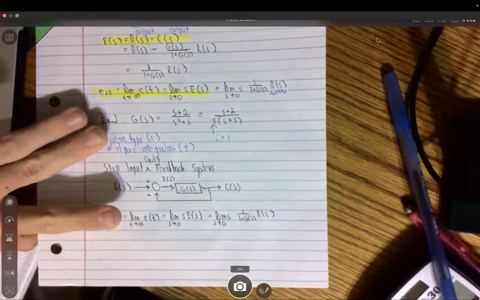And you will be able to tell that our R of S here is the unit step, right?